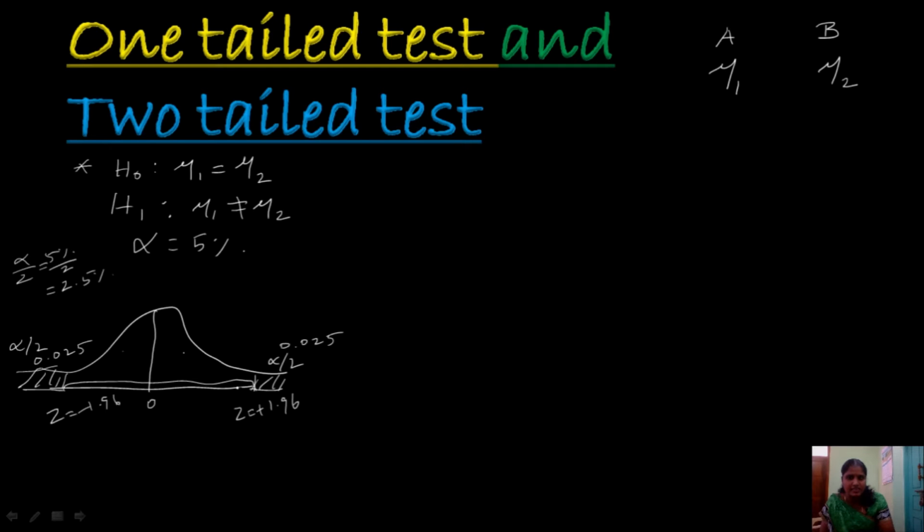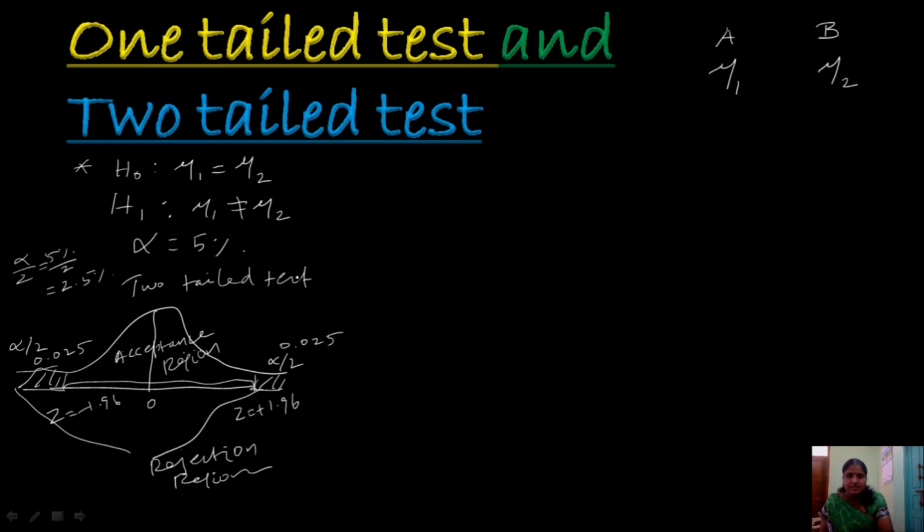That means this is my acceptance region, whereas these two shaded regions are my rejection region. So this is a two-tailed test. That means the critical region falls in two tails of the normal curve.